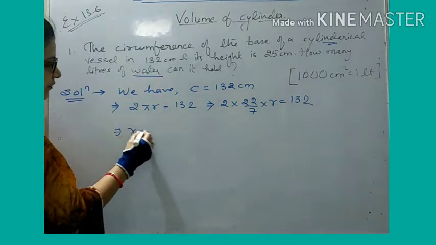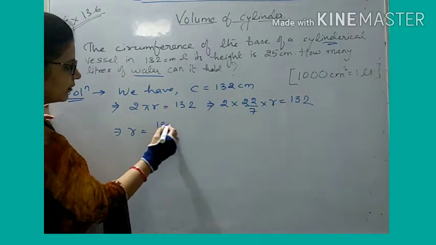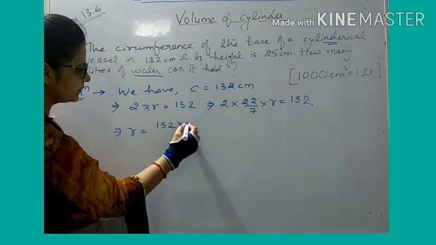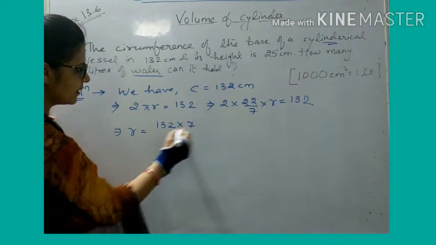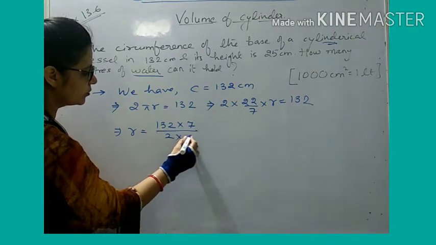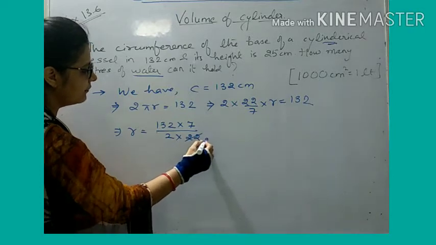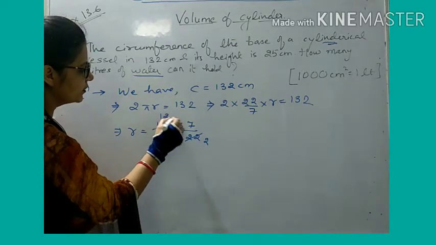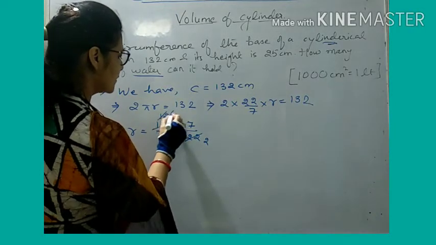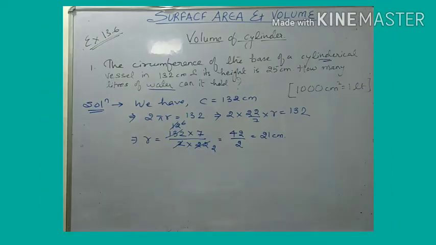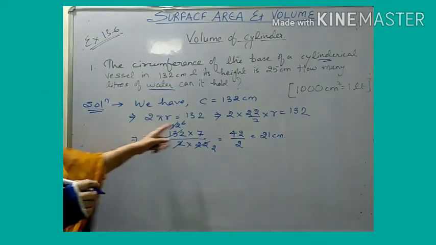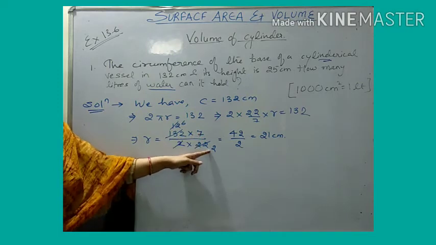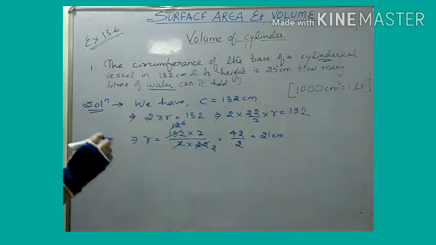So, from this, what will we get? r equal to 132 into 7 upon 2 into 22. 11 2s are 22, 11 1s are 11, 11 2s are 22, 2 6s are 12. So the radius will be 6 7s are 42, 42 upon 2, that is 21 centimeter.